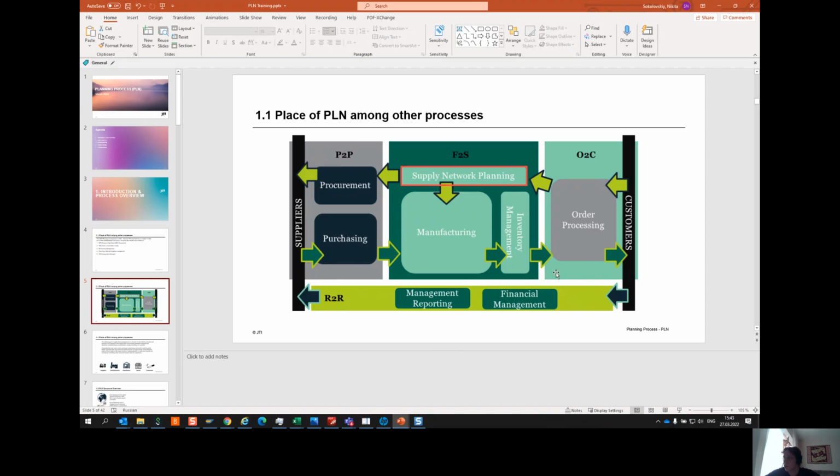So suppliers and customers are both subcategories of so-called business partners. Customers maintained in SAP are usually big retailers, not small shops, but big retailer groups. And we sell our finished goods to them.